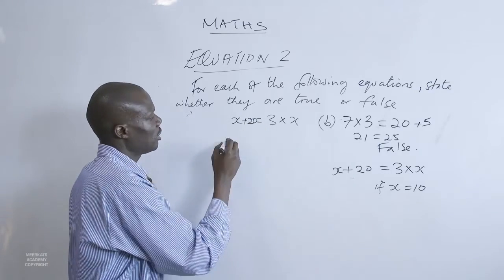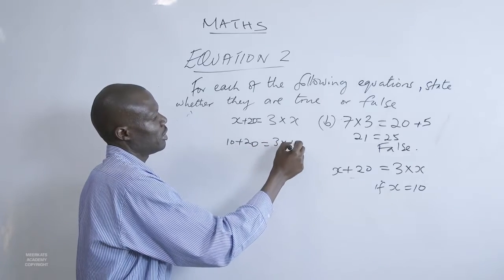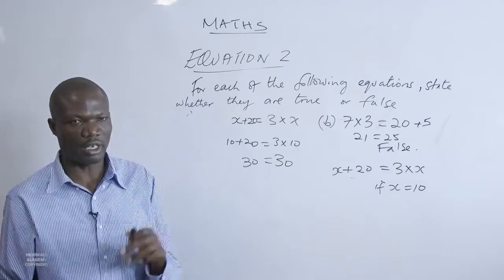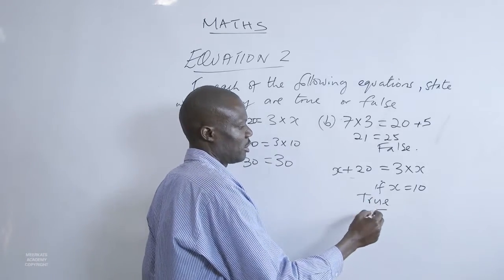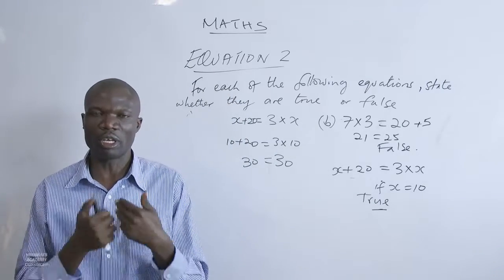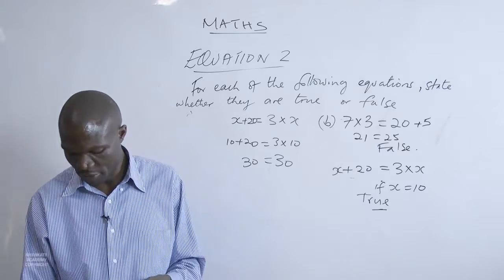So x is 10, this will be 10 plus 20 is equals to 3 times 10. This is 30 is equals to 30. So we can agree and say that this statement is true. So that is how to identify whether a statement is true or is false.